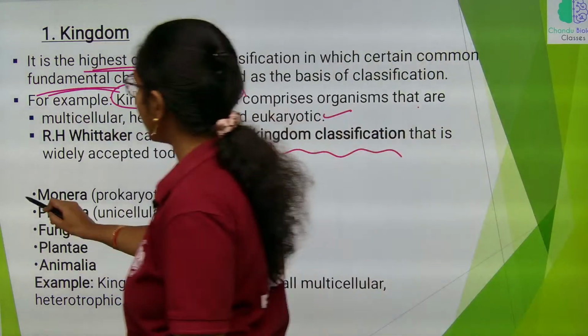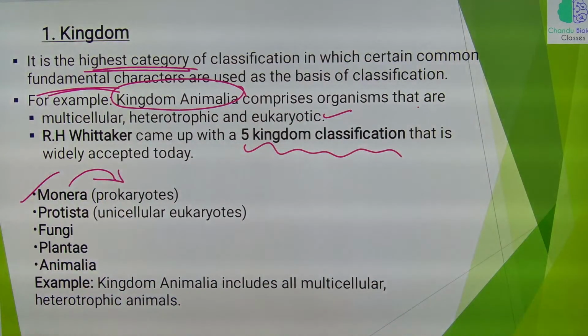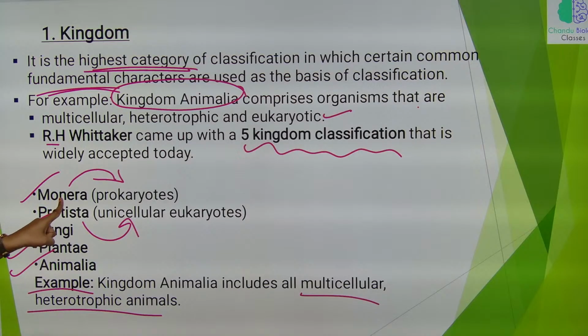That is Monera, which includes all prokaryotic organisms, Protista, which includes unicellular eukaryotes, Fungi, Plantae and Animalia. These are the 5 kingdoms given by R.H. Whittaker. For example, kingdom Animalia includes all multicellular heterotrophic organisms. Monera includes all unicellular prokaryotic cells.